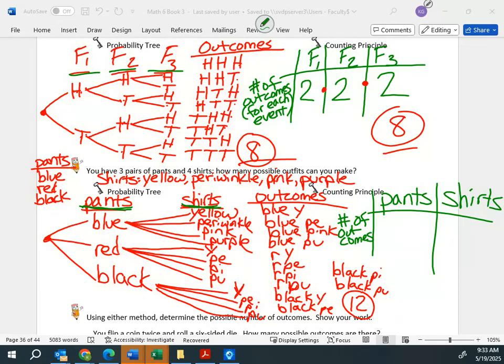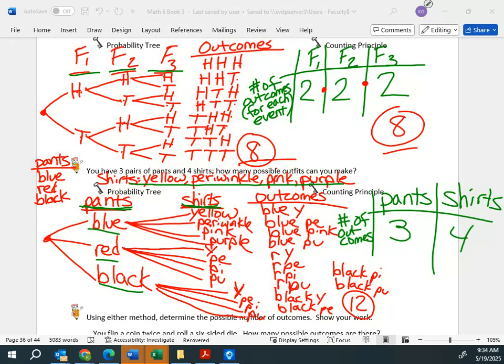Emma? 3. There are 3 colors of pants, so there are 3 outcomes for the pants. How many outcomes are there for the shirts, Sarah? 4. There are 4 colors of shirts, so there are 4 outcomes for shirts.